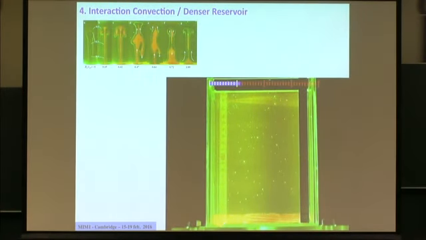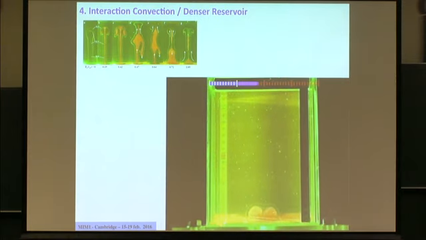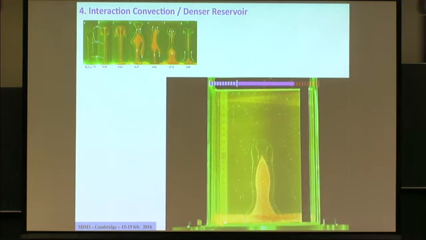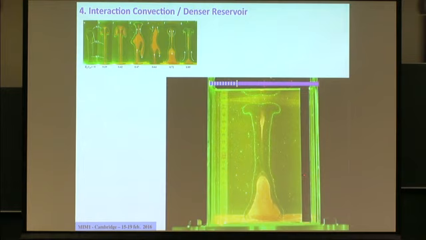If I increase again the buoyancy ratio, I heat enough to have first instability, but then it reached its level of neutral buoyancy earlier, and so you're left with a dome-like structure, but this is still hotter than the bulk. You generate a secondary plume on top of your dome.